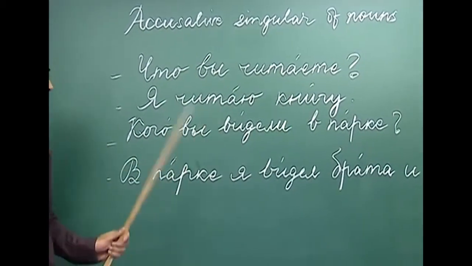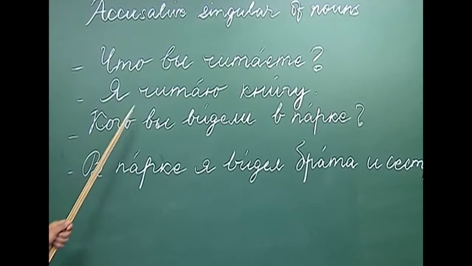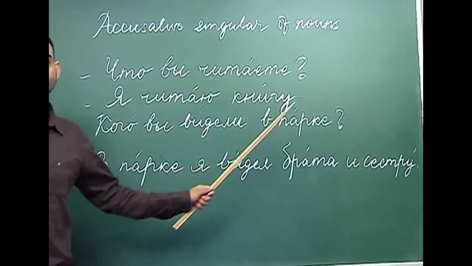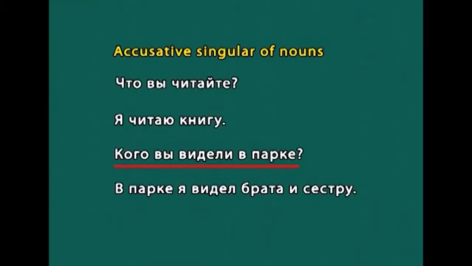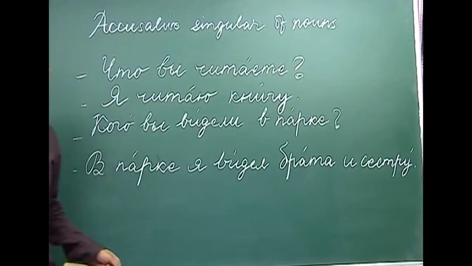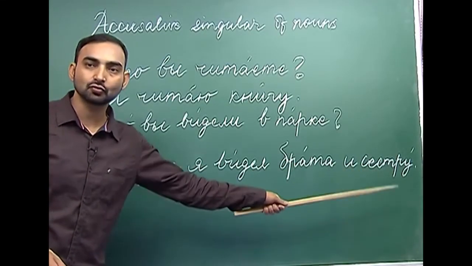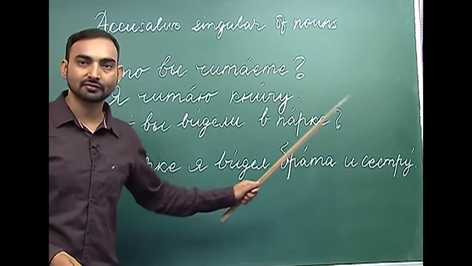Next question, кого вы видели в парке? Whom did you see in the park? В парке я видел брата и сестру. Here I am using animate nouns. Why?